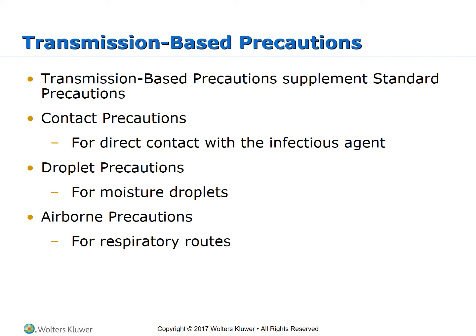And for respiratory routes that transmit infectious microorganisms through longer distances suspended in the air, you would use airborne precautions. So those are the 3 types: contact precautions, droplet precautions, and airborne precautions.